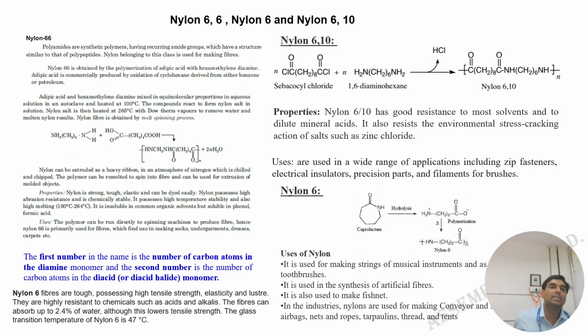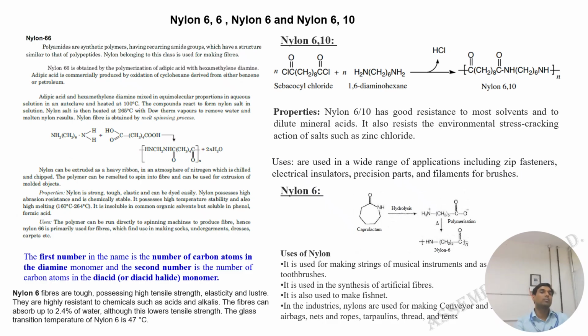And then nylon. What is the difference between nylon 6, nylon 66 and nylon 610? Nylon 66 is basically adipic acid and hexanediamine, forming an amide. But with nylon 610, you can have hexanediamine with sebacoyl chloride.